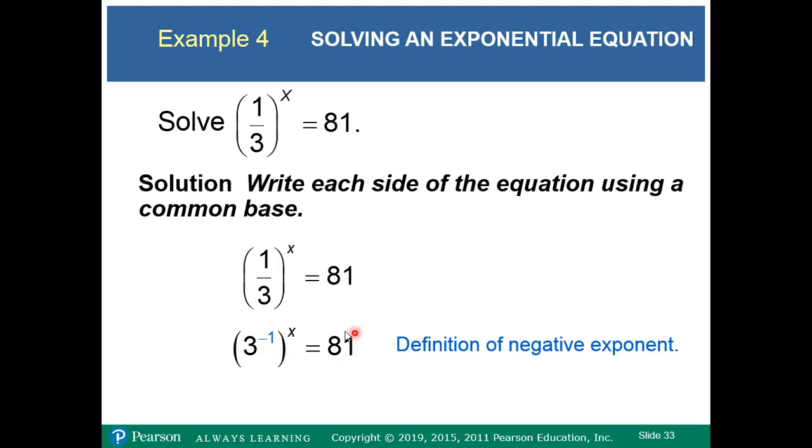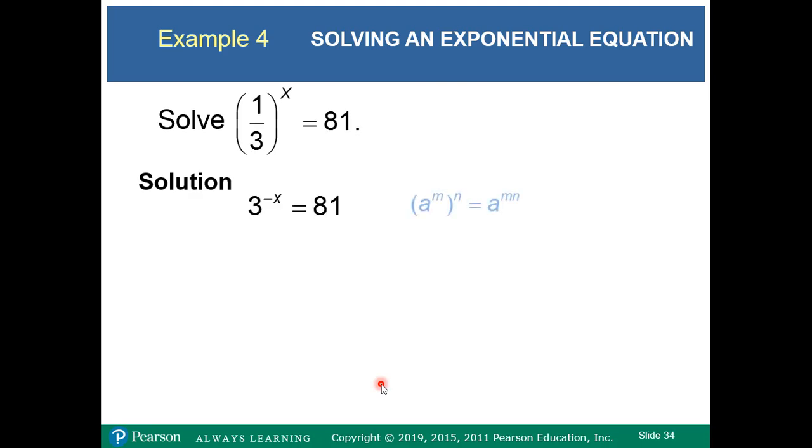Now we can bring in what we were just talking about and say this is the same as 3 to the 4th power. So we're going to use this here. So 81 equals 3 to the 4th power.